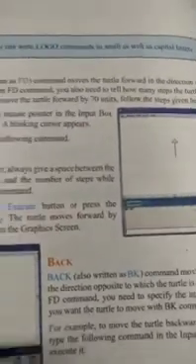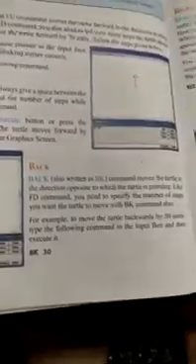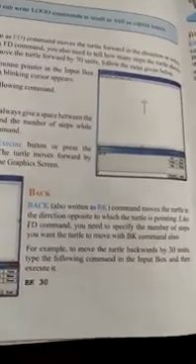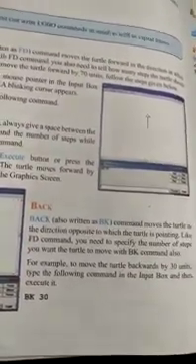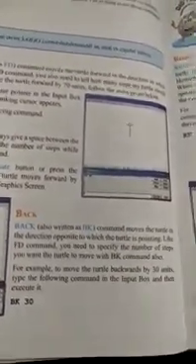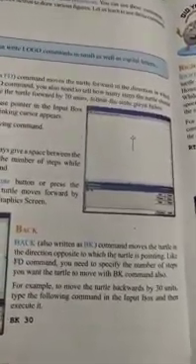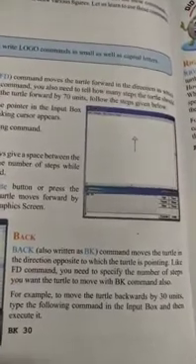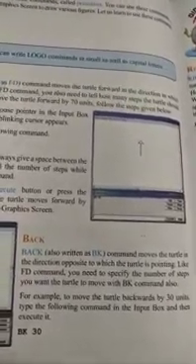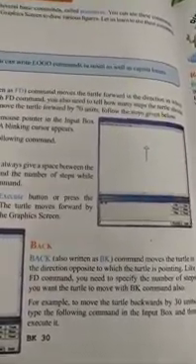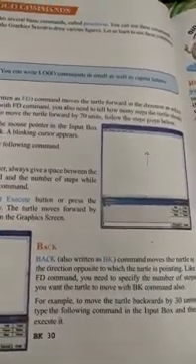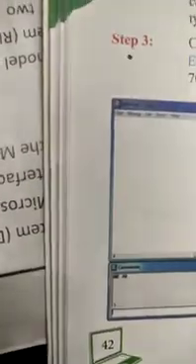Back command. Back command moves the turtle in the direction opposite to which the turtle is pointing. Like the FD command, we need to specify the number of steps. If we want the turtle to move with the back command, we will type back with the number of steps.